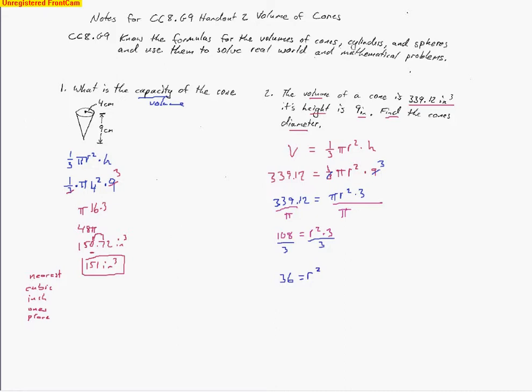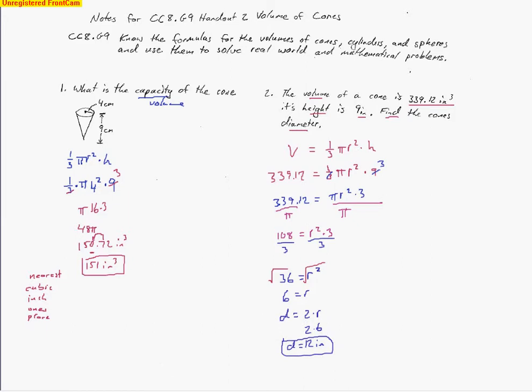And so again, it's real important to make sure you bring down the equal signs each time, bring down the variables, and look to see that that's squared, so I need to take the square root. So when I do that, I end up with 6 equals r. But remember, that's not what I want. I want the diameter, and the diameter is always double the radius. So 2 times 6 gives me 12, and these are in inches, and that's the diameter.